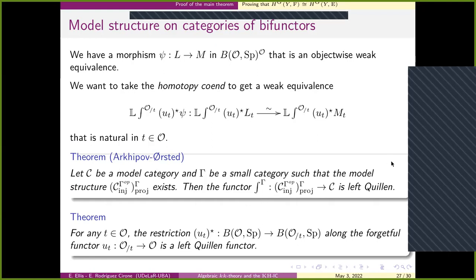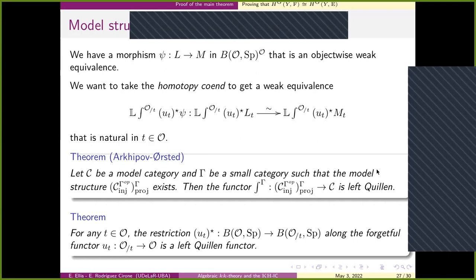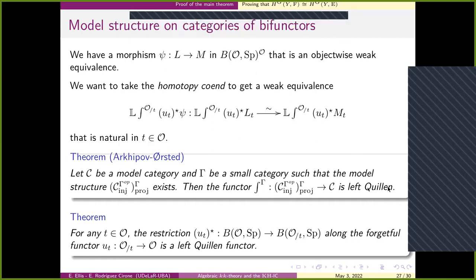And this is good because if it is left Quillen, we can derive it and we get a model for the homotopy coend.